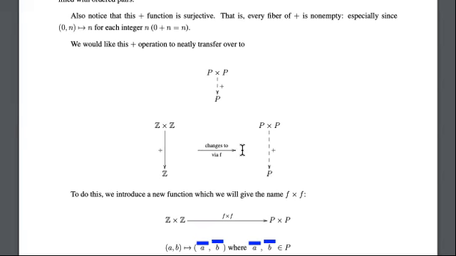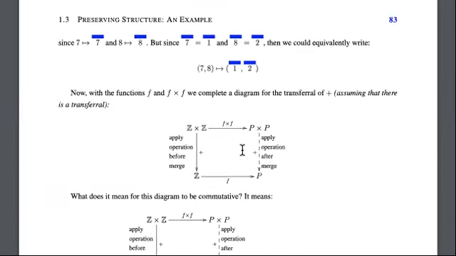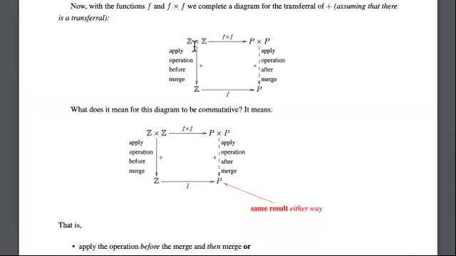So let's take a look at how this is going to go. What we need for structure to be preserved is some kind of commutative diagram to work.